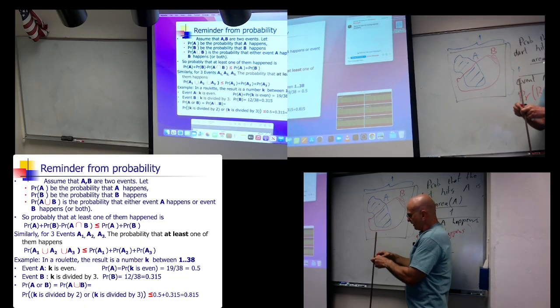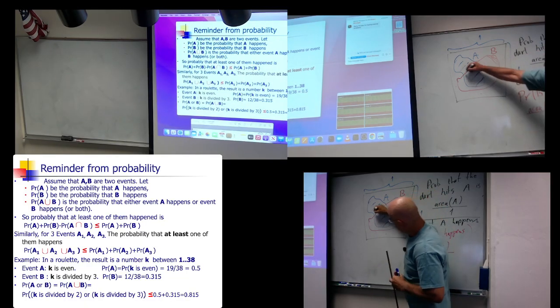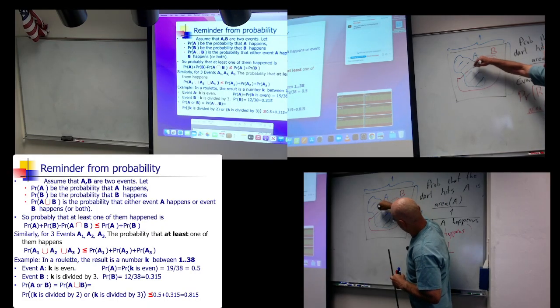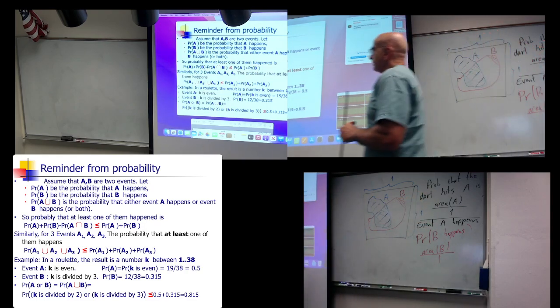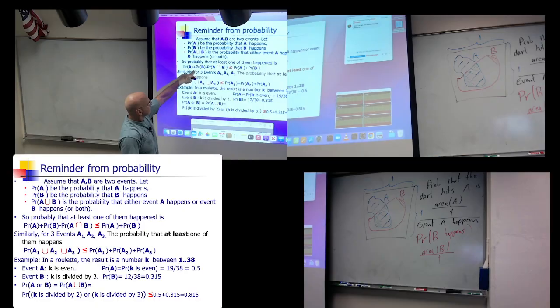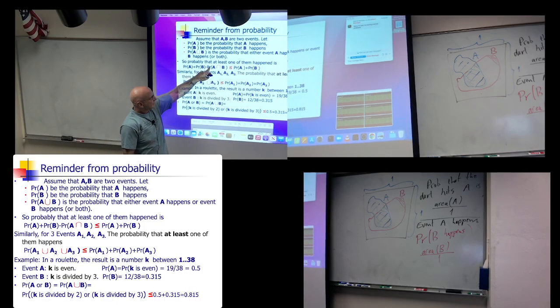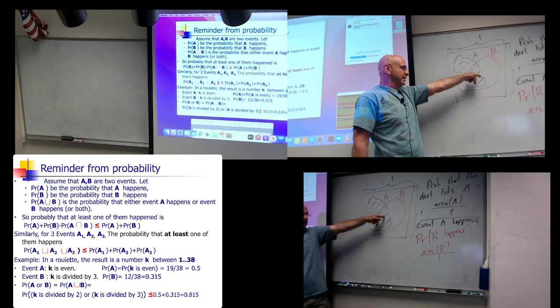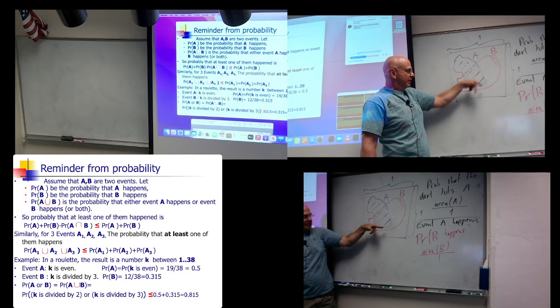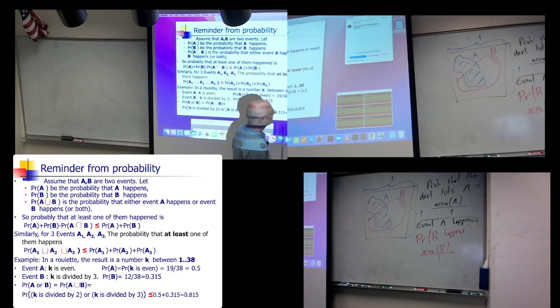But when I do it, I overcounted the intersection between them twice. So say the area of A plus the area of B minus the probability that I hit both A and B with the same dart, because I counted the intersection twice. The probability of A intersection B is the probability that my dart landed in the intersection, which is just how many square centimeters I have in the green region.